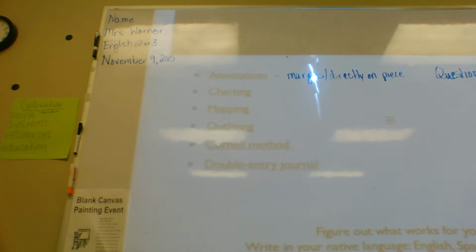These novels are mine, so if you borrow something from the library, you can't write in that. If you have something printed off that you're going to be able to forever keep, you can write on that. But can you write on a computer screen in A+? No. So annotations are directly on the document. So you can only do that in certain circumstances.